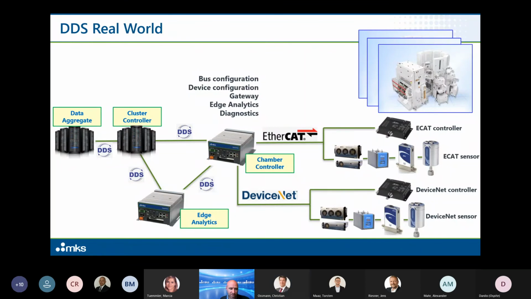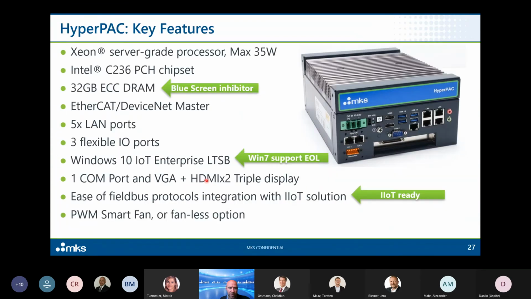Sure thing. Let me jump back to that. Here we go. Good question. The basic configuration is going to be the processor along with the chipset. We do have some flexibility to change out the RAM if you do not want the more expensive, more reliable ECC RAM. None of the I/O ports are populated, so EtherCAT, DeviceNet, and serial ports are all vacant.